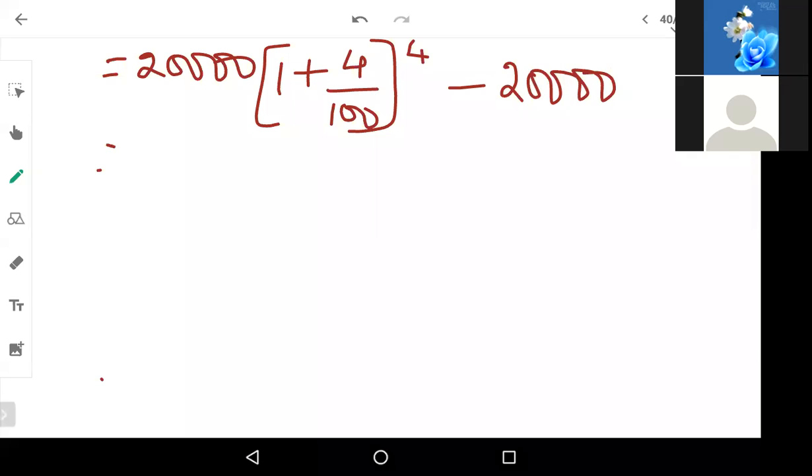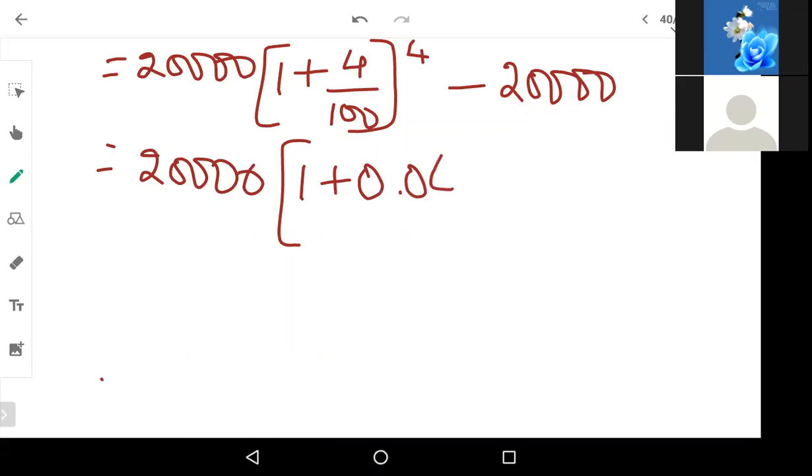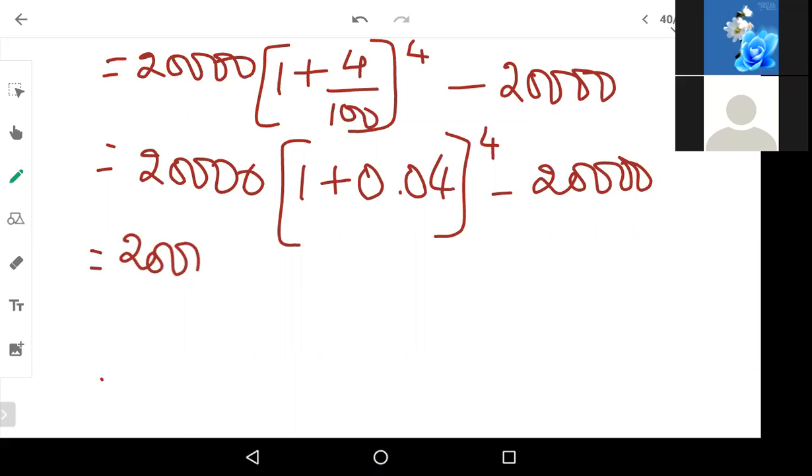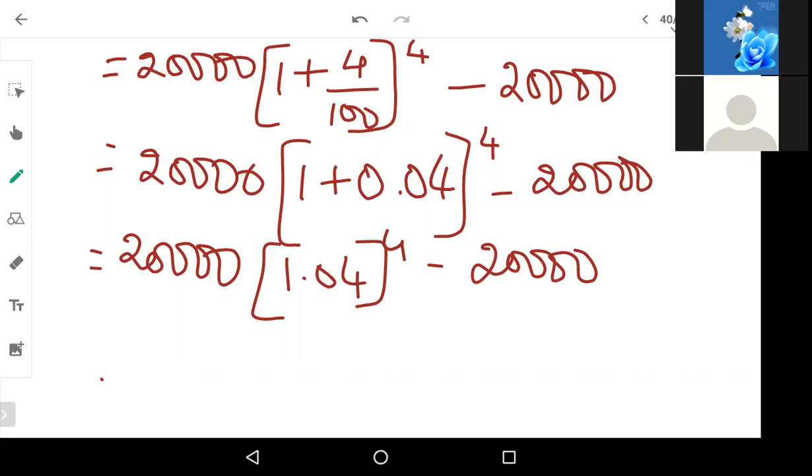Okay, so 20,000 into 1 plus 0.04 to the power 4 minus 20,000. So 20,000 into 1.04 to the power 4 minus 20,000. So 20,000 into, see, I am solving each and every step.